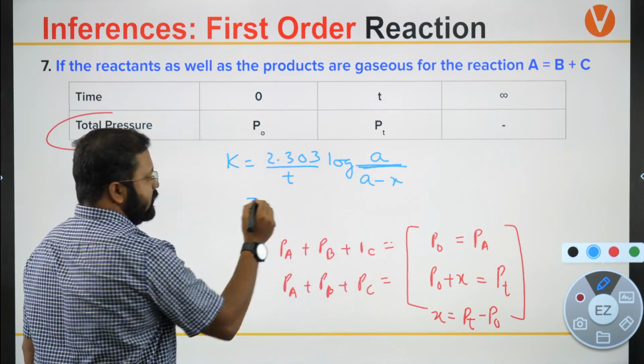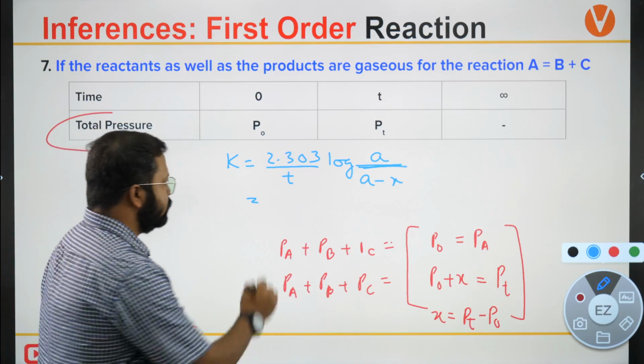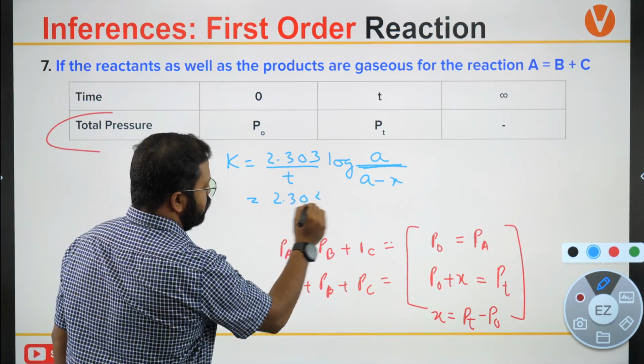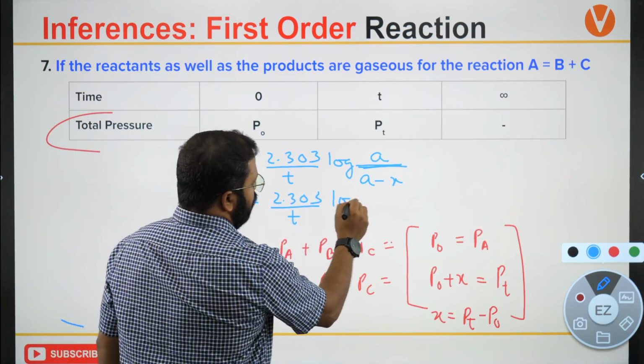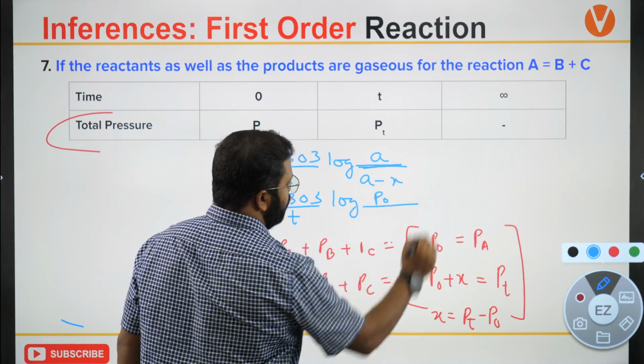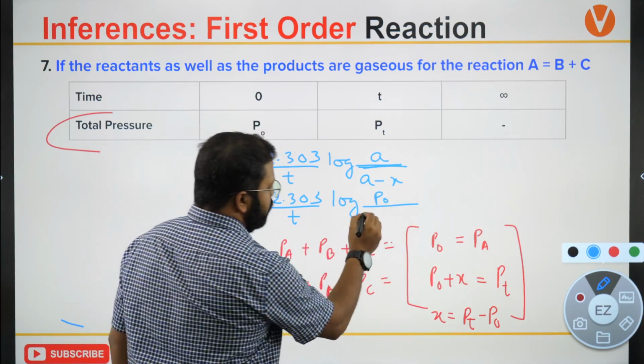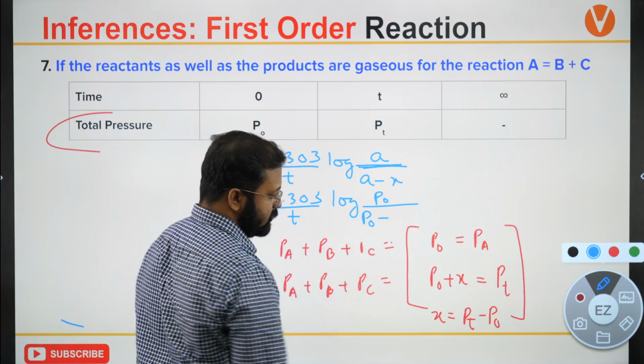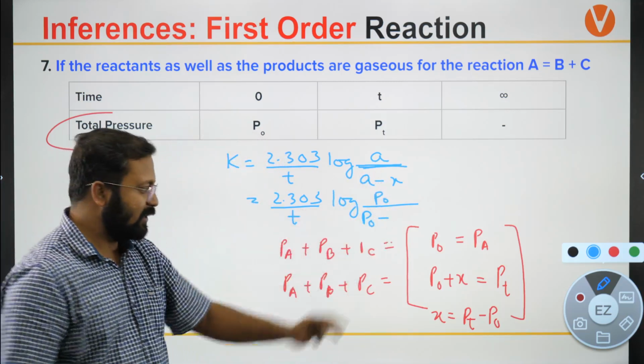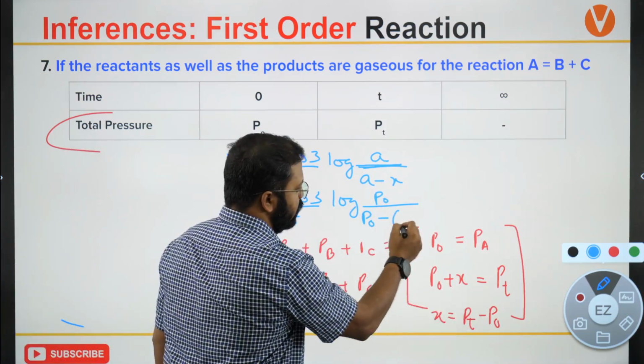What is a? Which is P naught. So 2.303 upon t log of P naught divided by P naught minus x, and x is Pt minus P naught.